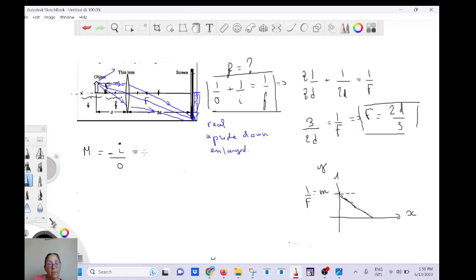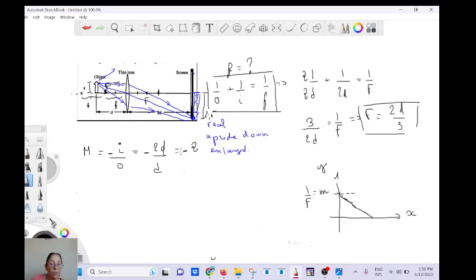So that's going to be minus, image is 2D over object D. So it's going to be minus 2. So magnification, minus means it's going to be upside down. 2 means it's going to be twice as big. So the ratio between this and that is 2. So this one is twice as big.